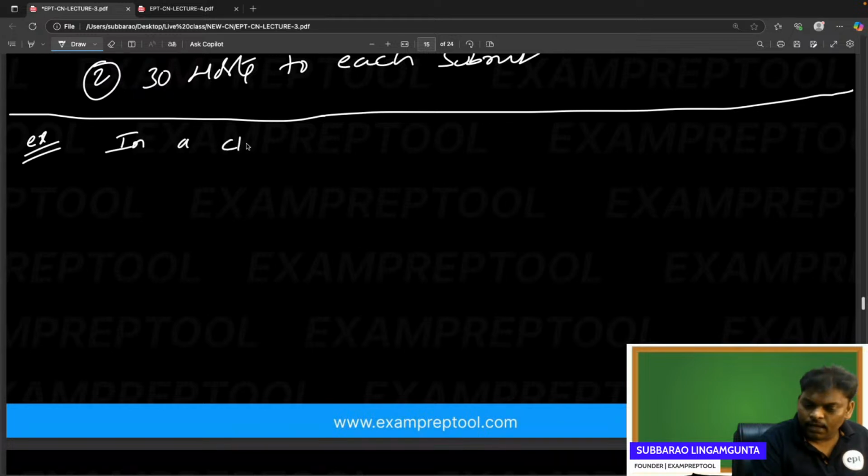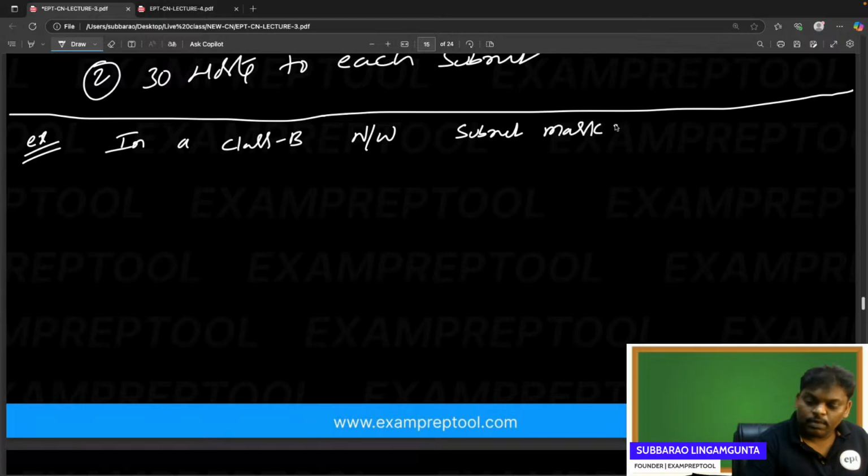In a class B network, subnet mask is given as 255.254.0. Is it so? Yes, 255.254.0.